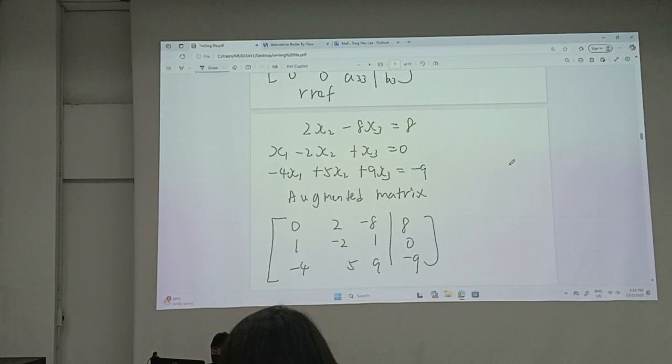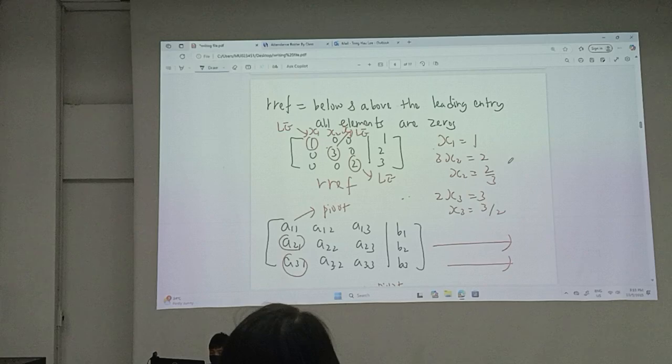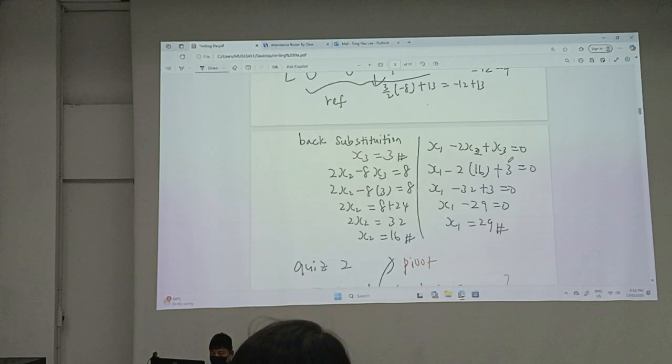So this example basically is the same as the one just now.